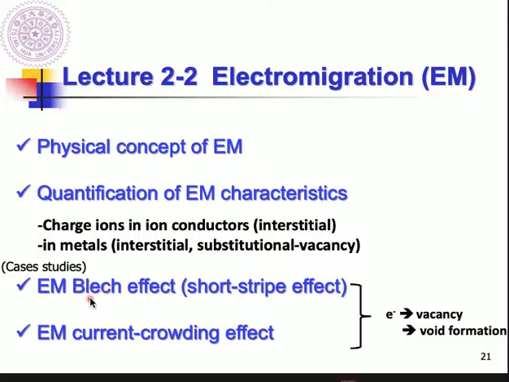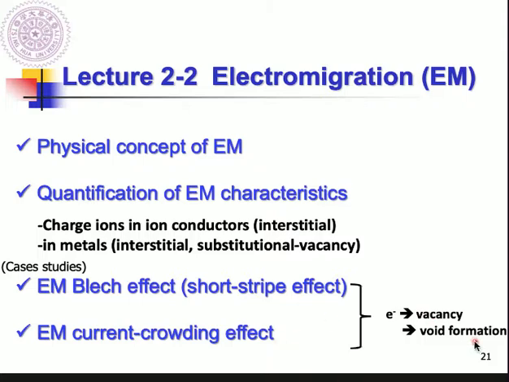The first one we call the short strip effect, and the second one we call the current crowding effect. In these effects you can observe vacancy formation in your materials, and in real cases in the IC chip, especially in the connecting wire. If this happens, it will affect the reliability of the silicon-based IC chip.